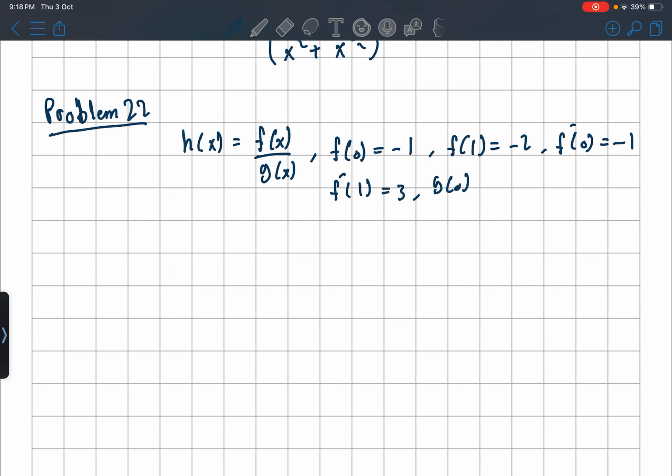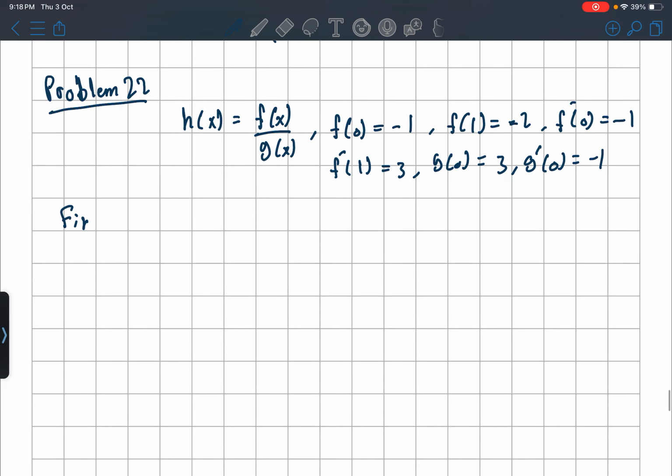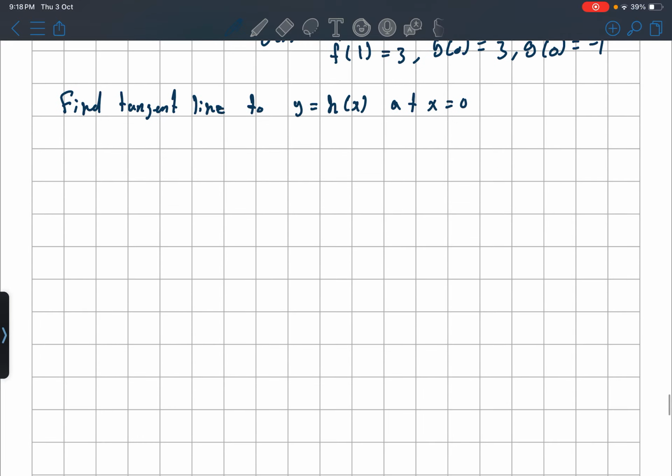We have g(0) equal to 3, g prime 0 equal to minus 1, and he said find the tangent line to y equal h(x) at x equal to 0.